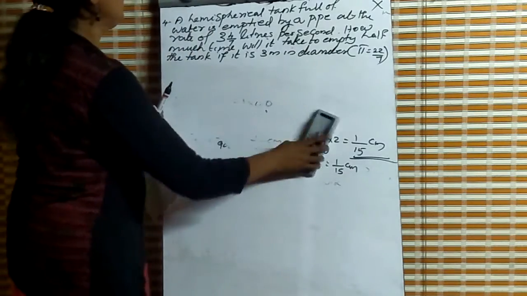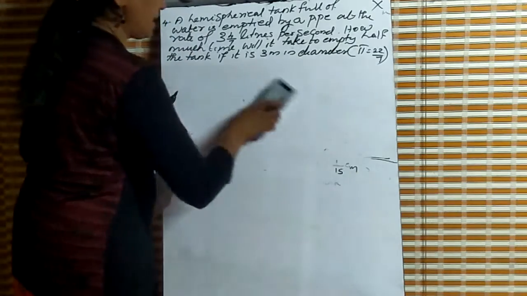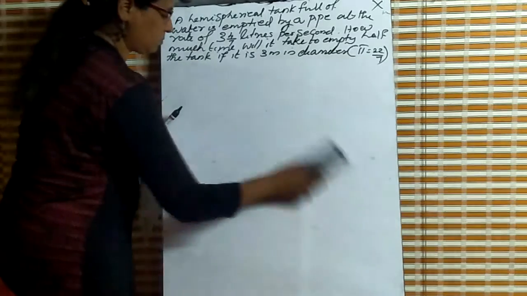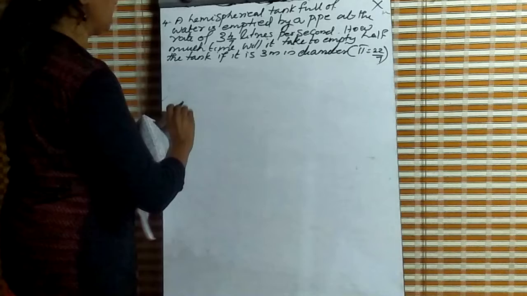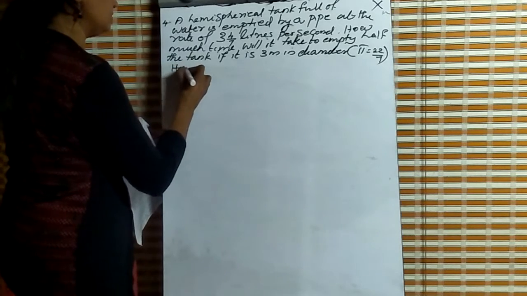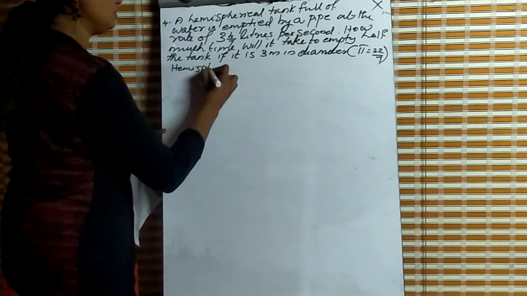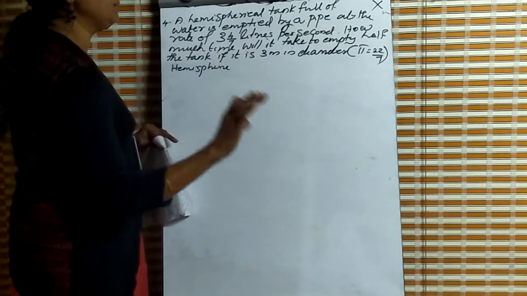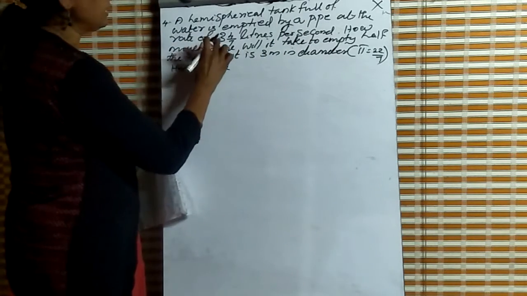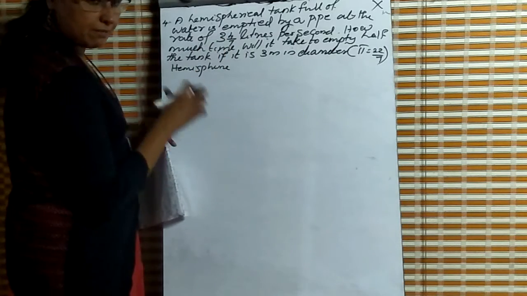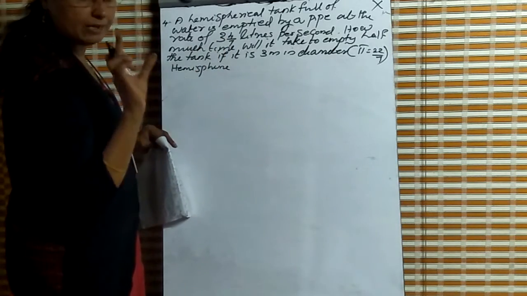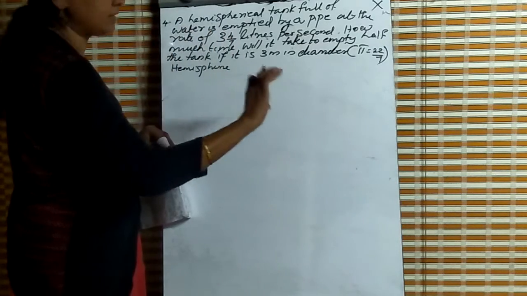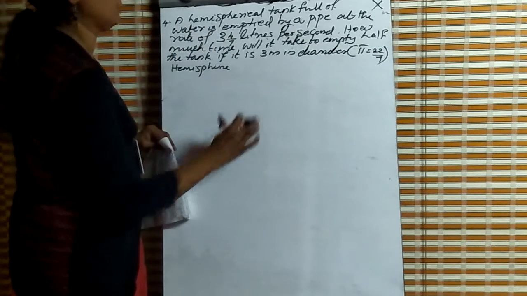Read the question. A hemispherical tank, that means the tank is in the shape of a hemisphere, full of water, is emptied by a pipe at the rate of 4/7 liters per second. In one second, 4/7 liters of water is removed from the tank.